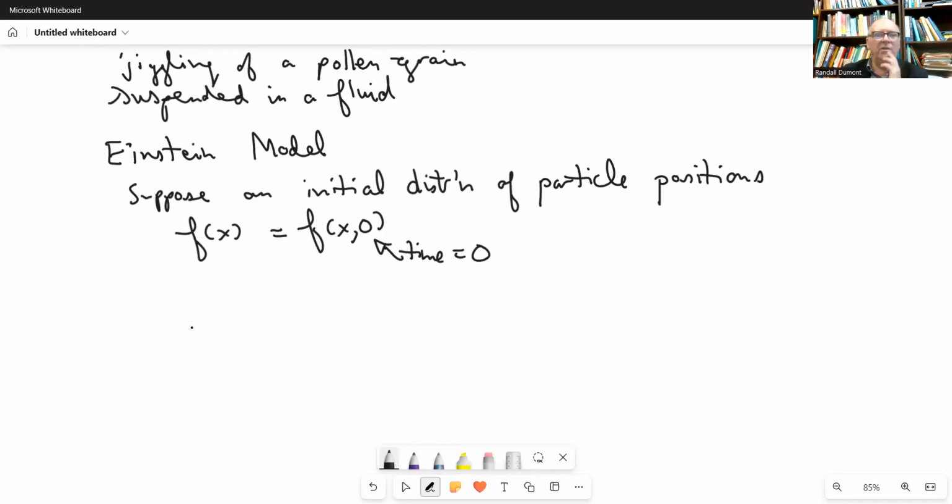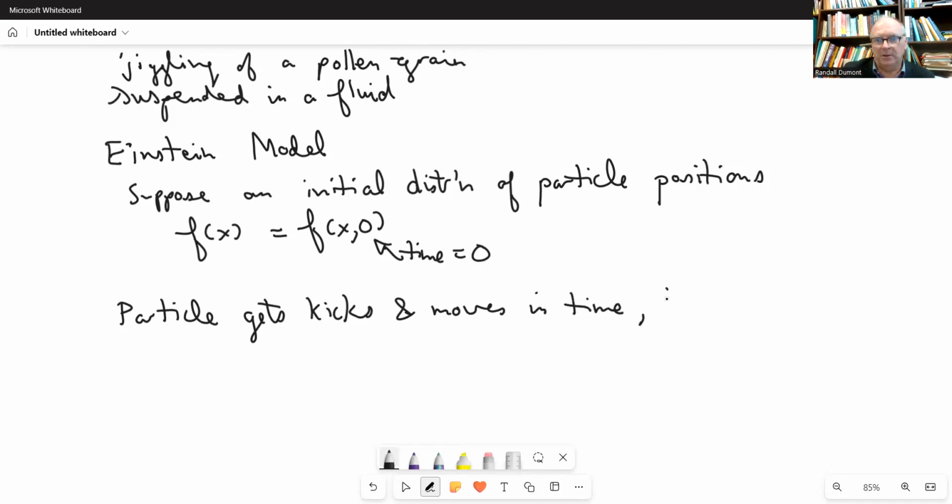And so there's going to be some kind of dynamics, a jiggling that we're talking about, and the particle gets kicks and moves in time delta t. So we discretize time, which is typical, certainly in any kind of numerical work.